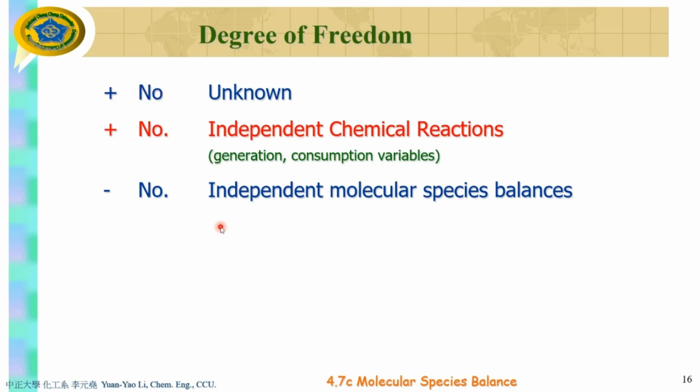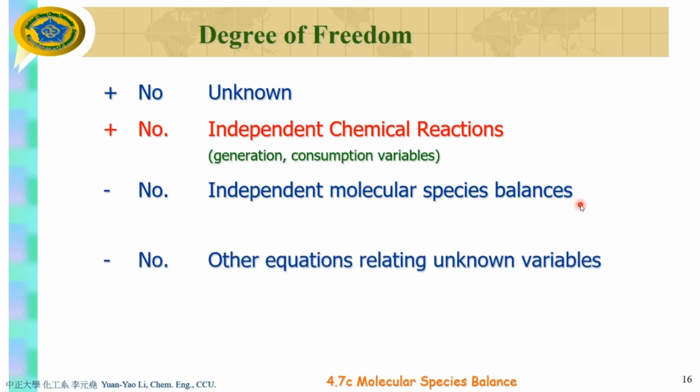And now, for the degree of freedom analysis, you have independent molecular species balances. How many species? They need to be independent species. Okay? If you have 3 independent species, that means you can create 3 equations: input plus generation equal to output plus consumption, right?